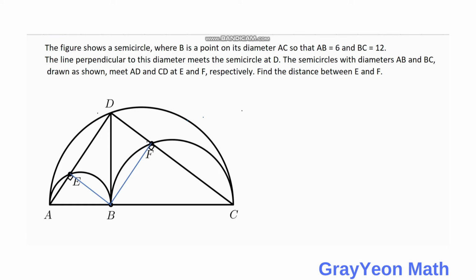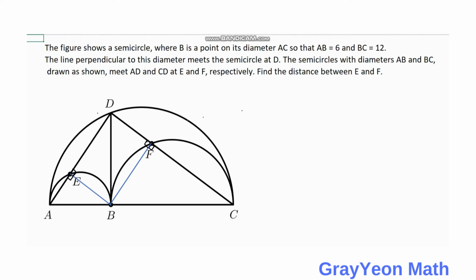Next, we observe that along line DC we have another right angle at point F, because it's a straight line and the other side has a right angle. The same with point E: the angle inside the smaller semicircle is a right angle, so this should also be a right angle.